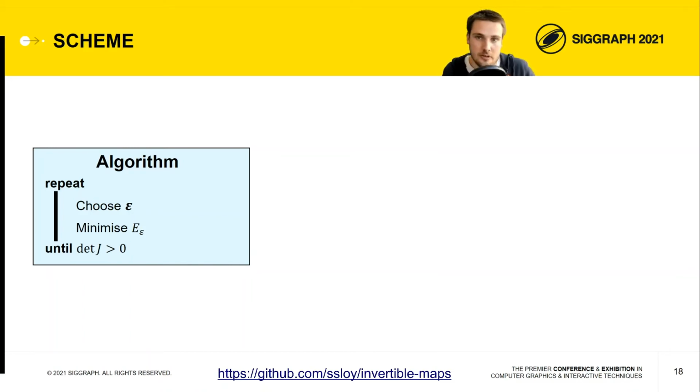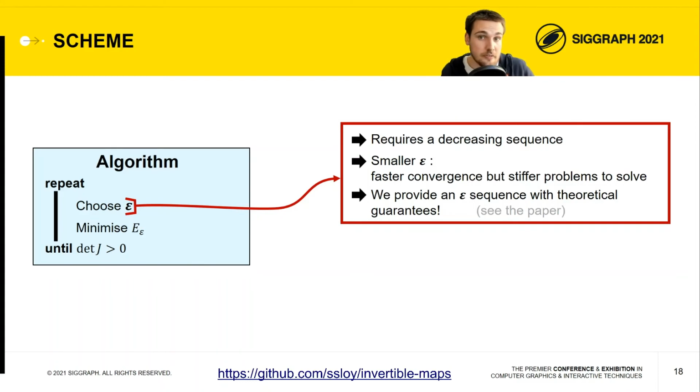A few things about the implementation. First, it requires a decreasing sequence of epsilon, so that we guarantee that at the end we obtain a valid mapping. If we take a very small epsilon, it will lead to a very stiff problem to solve. In the paper, we propose a sequence of epsilon, which gives very good theoretical guarantees while still being relatively fast in terms of convergence.